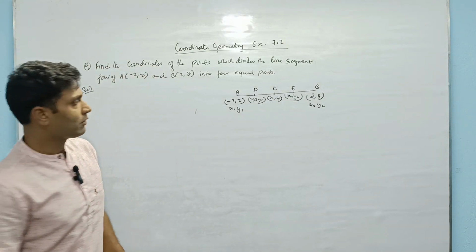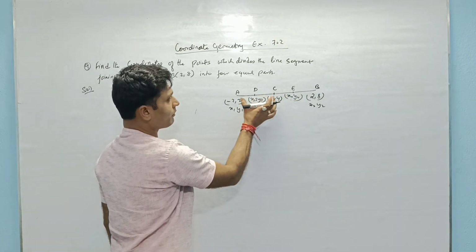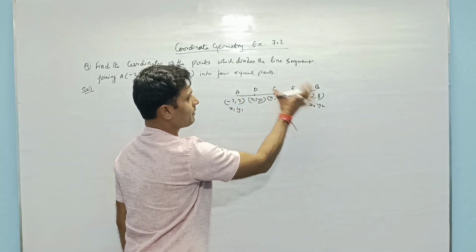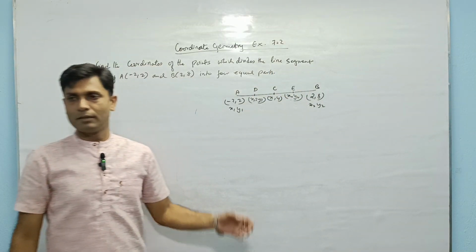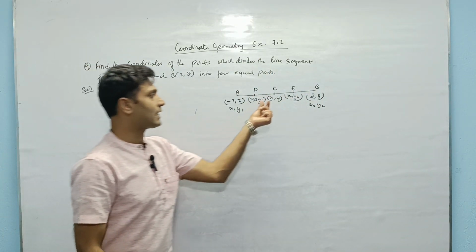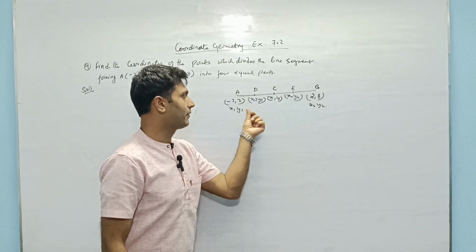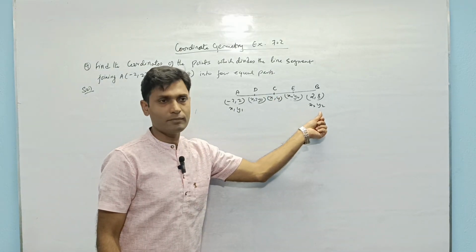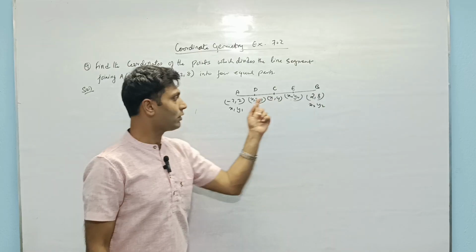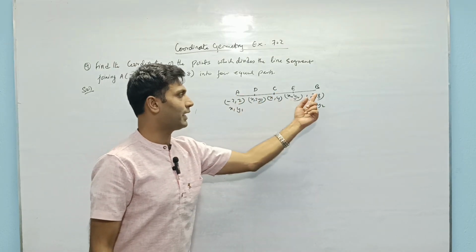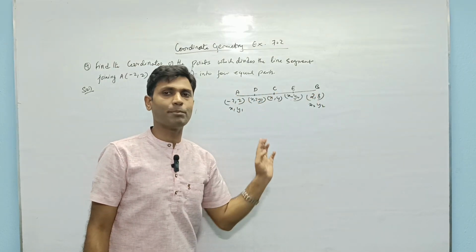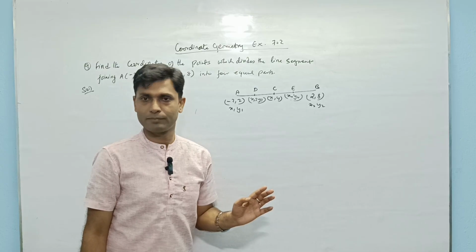Okay. So if all the parts are equal, then AC and CB are also equal. Yes. So can I say that C is the midpoint of AB? C is the midpoint of AB. So if C is the midpoint of AB, you can use the midpoint formula. Okay.